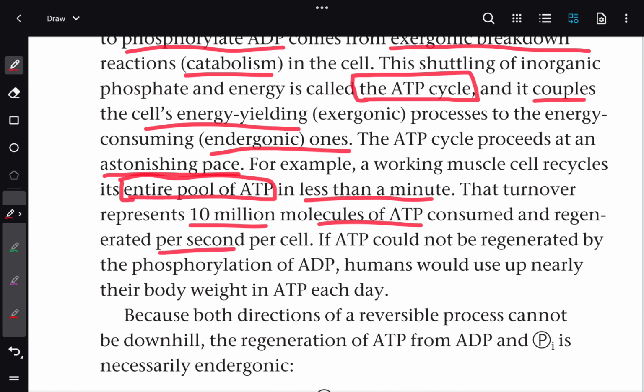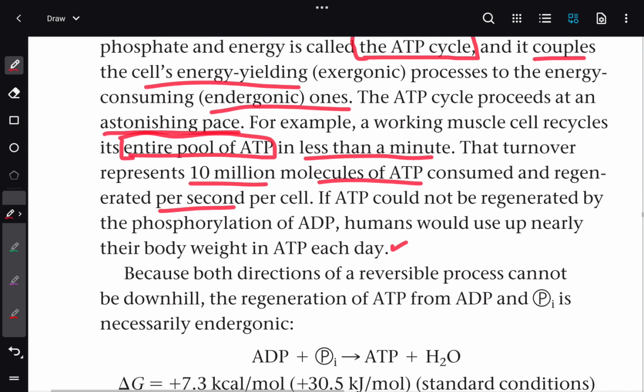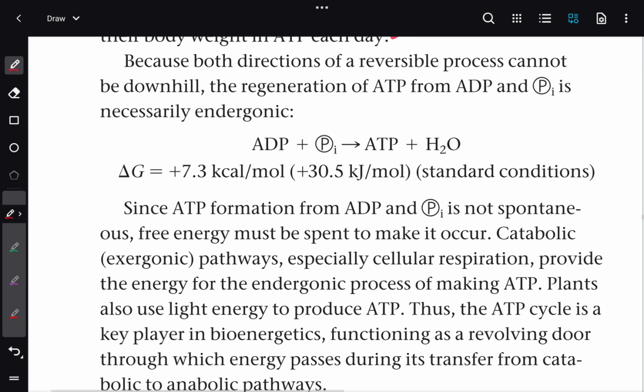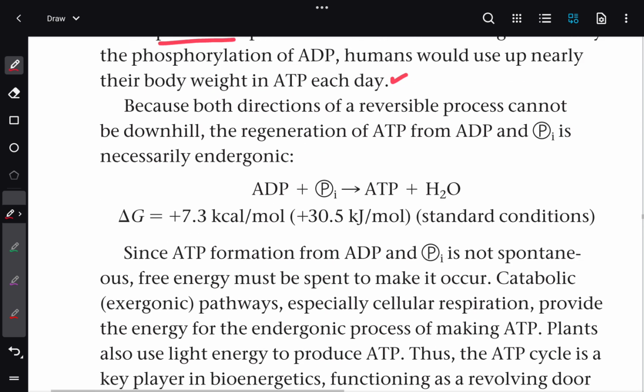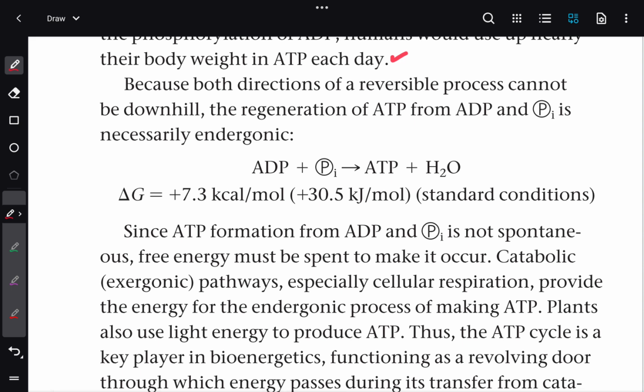If ATP could not be regenerated by the phosphorylation of ADP, humans could use up nearly their body weight in ATP each day. Because both directions of a reversible process cannot be downhill, the regeneration of ATP from ADP is necessarily endergonic, logically.